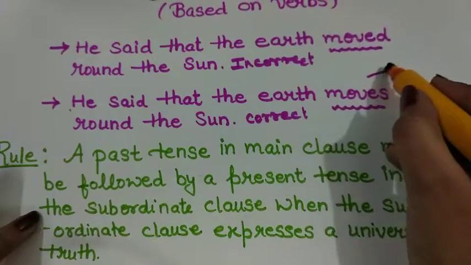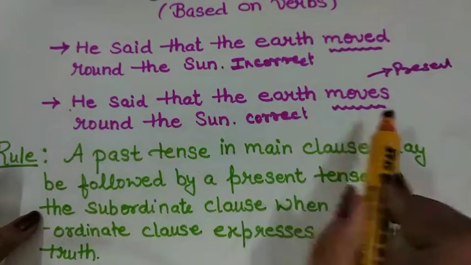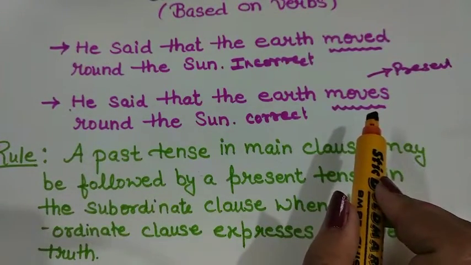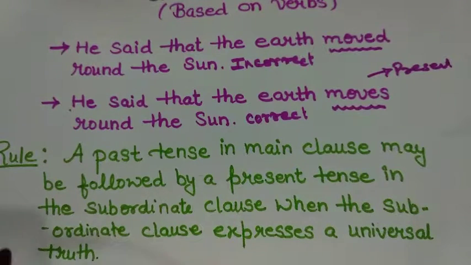Here it is in the present tense, and this fact is a universal truth. So the second sentence is the correct one, because in the subordinate clause there is a universal truth, and a universal truth should be in the present tense. So he said that the earth moves around the sun is correct.